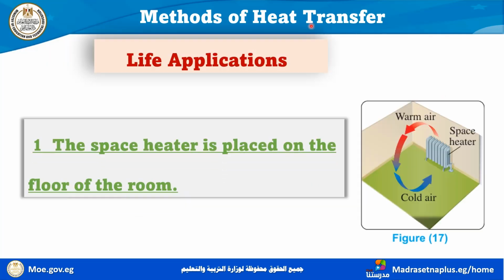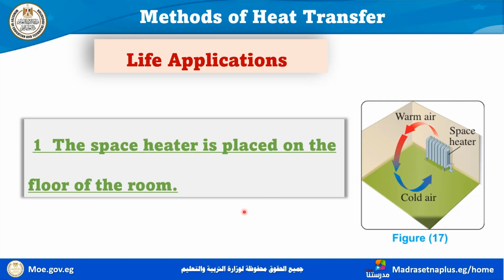And now let's study one of the life applications related to heat transfer by convection currents. The space heater is placed on the floor of the room, like here in the figure. So the heater is on the floor or on the ground, not hanging upwards but downwards.